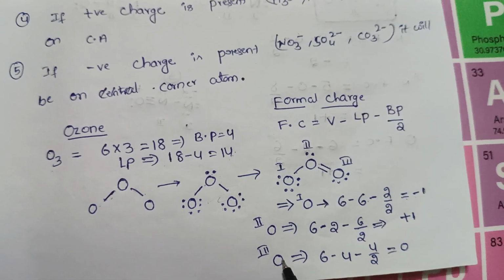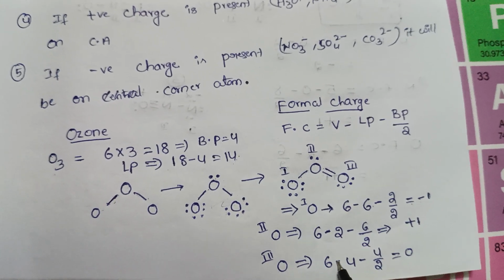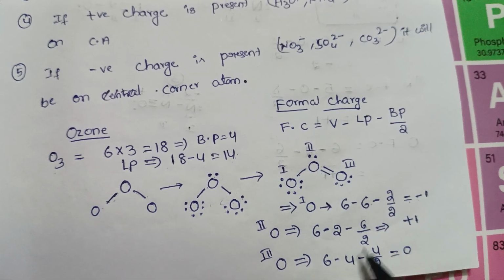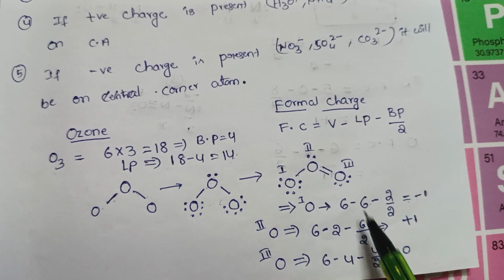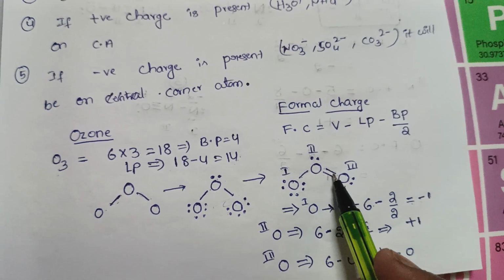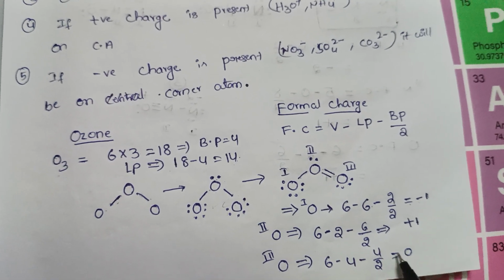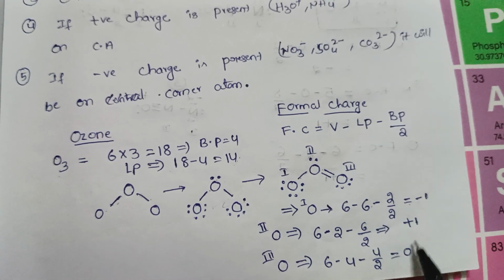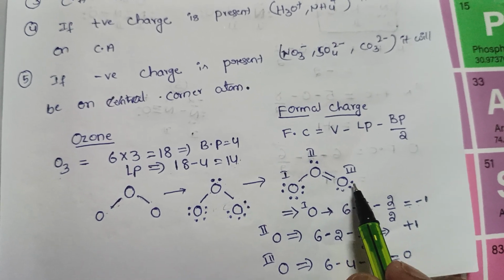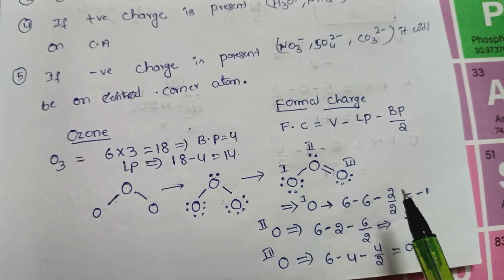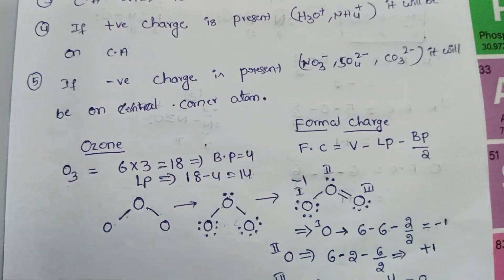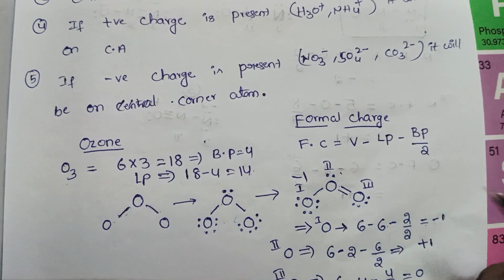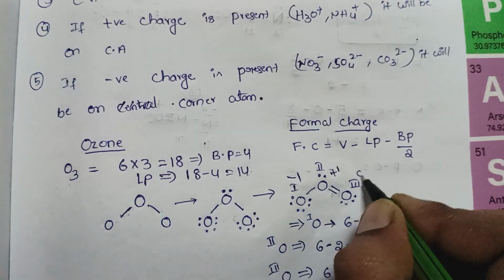If we take the third atom, 6 valence electrons are present in the free state, and lone pair electrons are 1, 2, 3, 4, 5, 6, minus bonded pair electrons, 1, 2, 3, 4, and 4 by 2 equals 2, so we get 0. 0 is the formal charge for the third atom of oxygen. So the formal charges are minus 1, plus 1, 0.